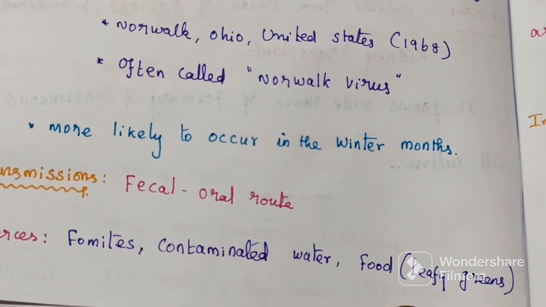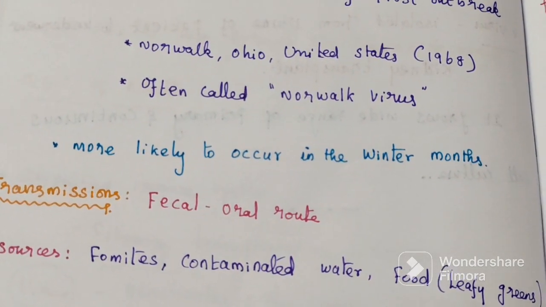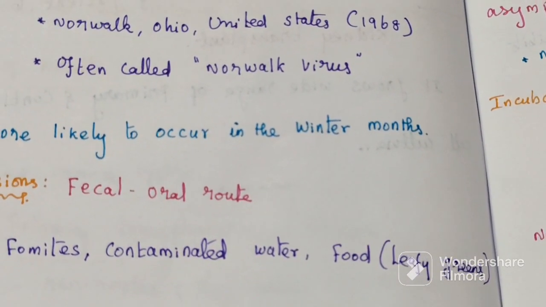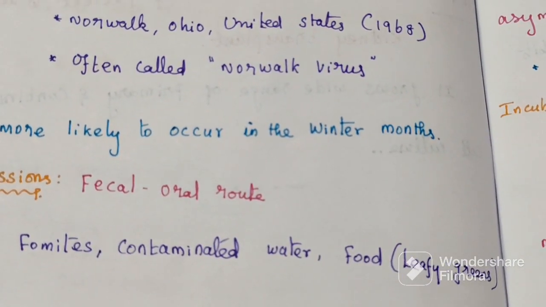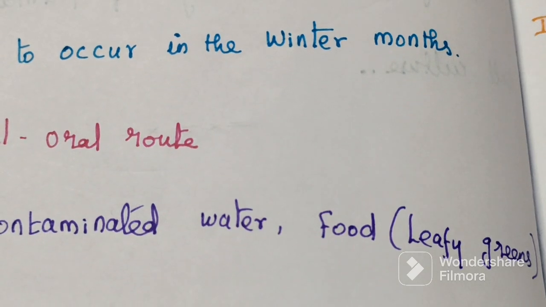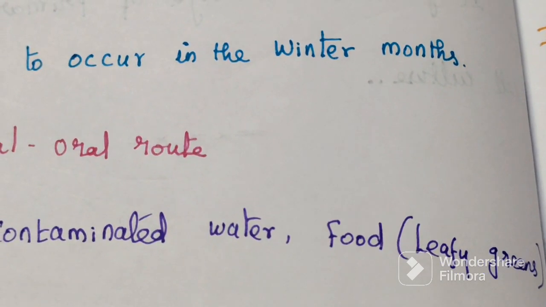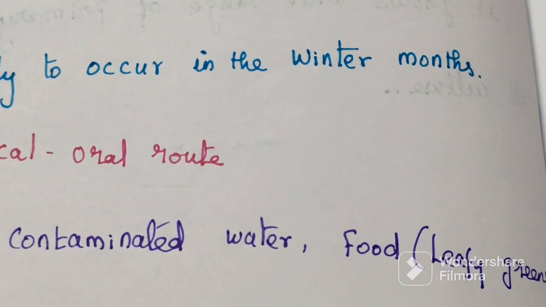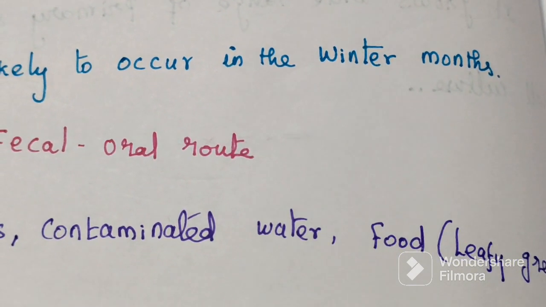Related to this are other sources: fomites, contaminated water, and food, especially leafy greens. Contaminated water can get onto leafy greens, and if those greens are not washed properly, we can get the virus on that food.